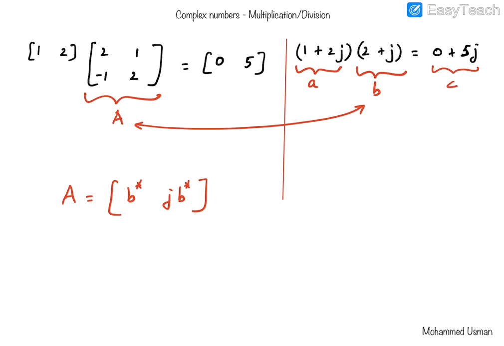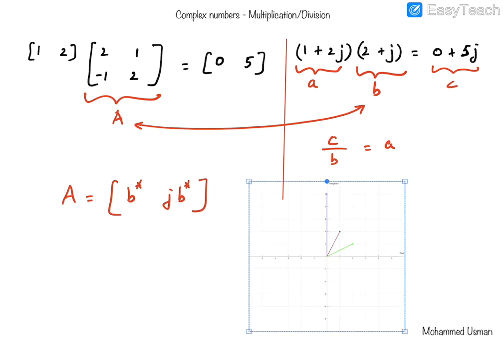And if we happen to divide c by b, it should give us back a. So c divided by b will give us back a. So from c we are able to get back a. If we look back at the geometric representation, it should give us some more clarity.